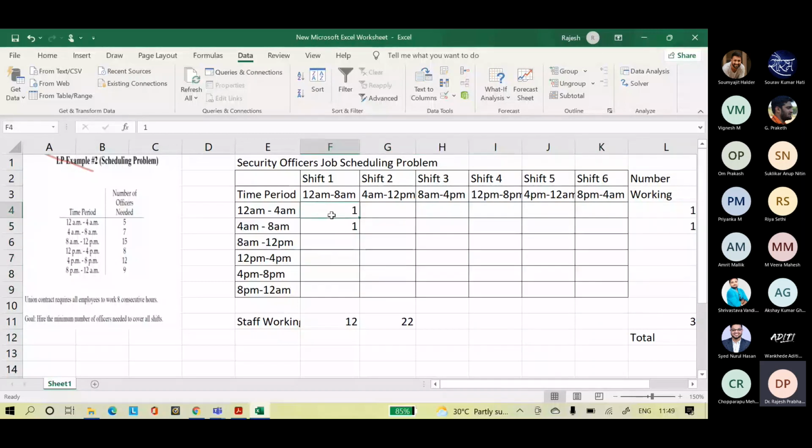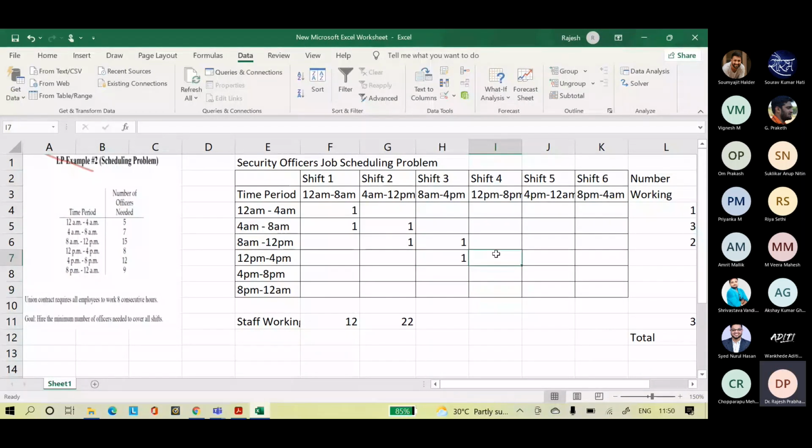See here, 12 a.m. to 4 a.m. These two time periods will come under shift 1, right? Yes, 4 a.m. to 8 a.m. will come under shift 2 also, right? And 8 a.m. to 12 p.m. will also come under shift 2. Then 8 a.m. to 4 p.m. will come under shift 3, and this will also come under shift 3, right?